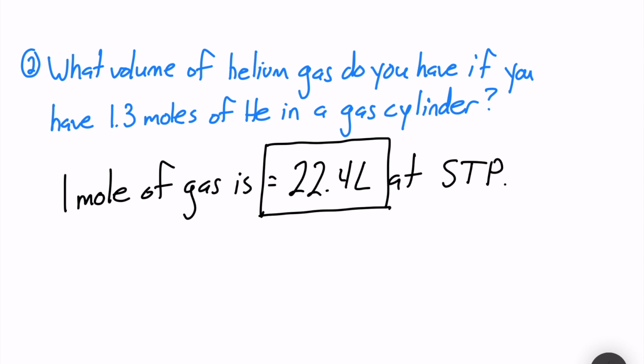So let's write down what we have. We have 1.3 moles of helium. We're going to do a times sign line. And I'm just going to refer to our moles roadmap here really quickly to figure out where we are and where we're going.